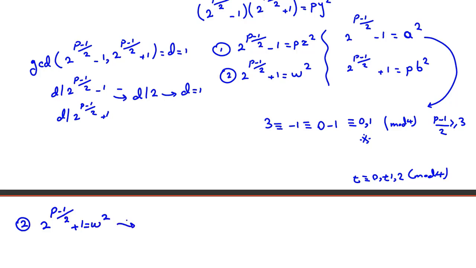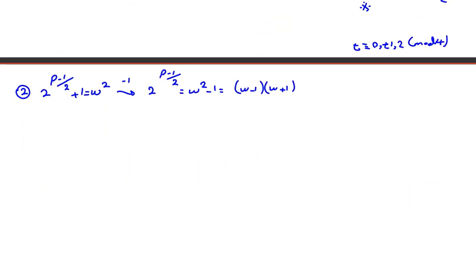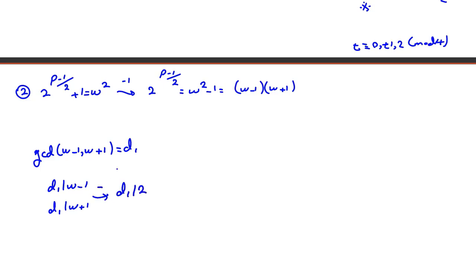If we subtract 1 from both sides, 2 to the p minus 1 over 2 is w squared minus 1, so it will be w minus 1 times w plus 1. Again we consider the GCD. Suppose the GCD of w minus 1 and w plus 1 is d1. Then d1 divides 2, because d1 divides both w minus 1 and w plus 1, so if we subtract, d1 divides 2.